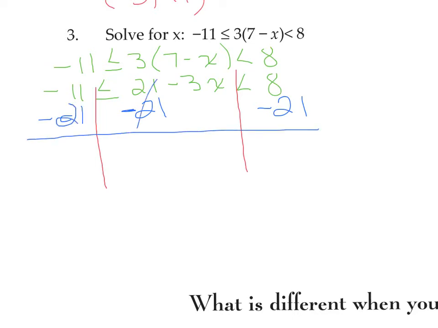All right, subtraction doesn't affect our inequality symbols, but we now have negative 3x here in the middle. 8 minus 21 is negative 13. Negative 11 minus 21 is negative 32.